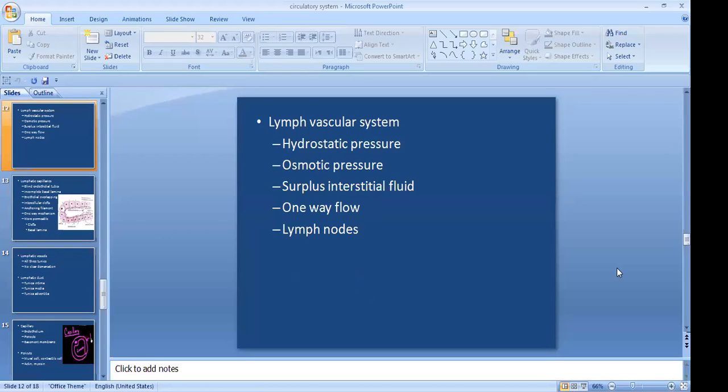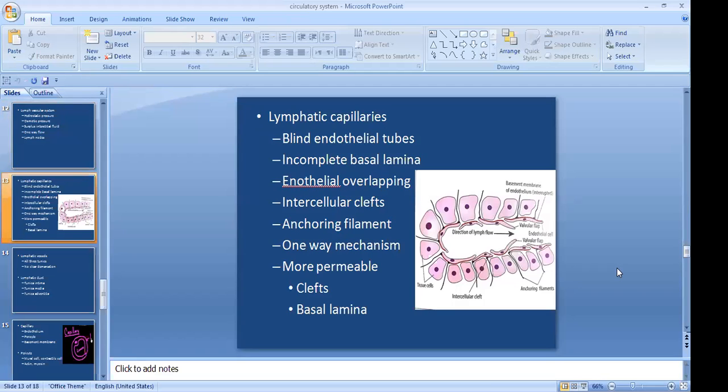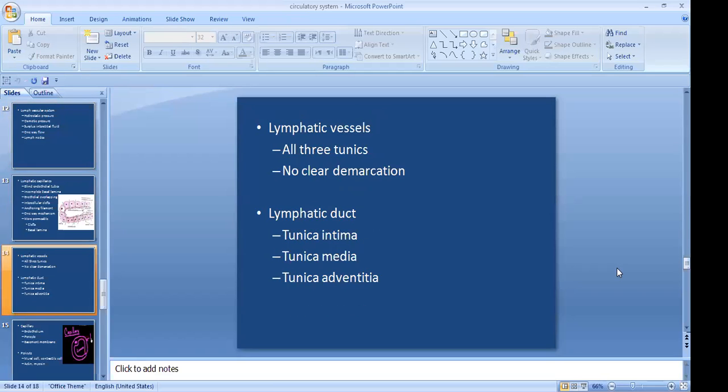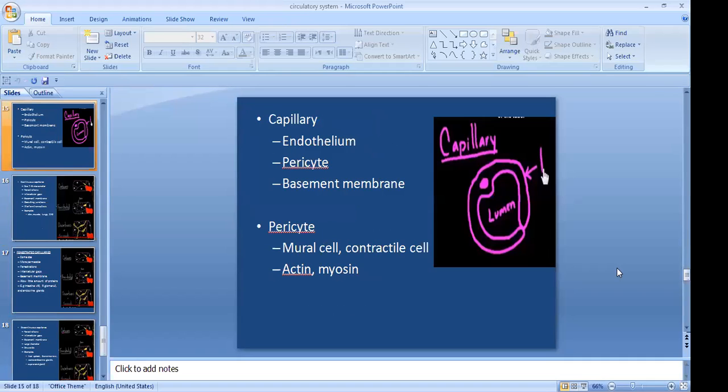Now, before discussing the lymphatics and the lymph vessels, I think we need to discuss the capillaries, and then we will discuss the lymph. So up till now, we have discussed the histology of vessels, tunica intima, media, and tunica adventitia.